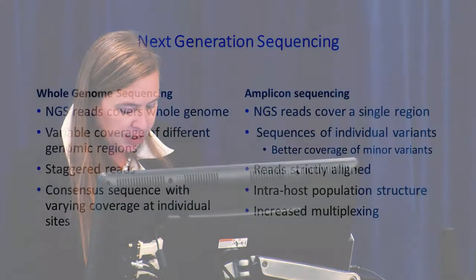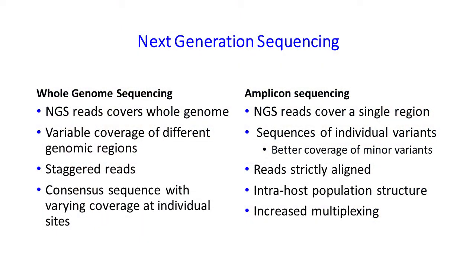The coverage of the genome is variable depending on the ability of the primers to bind to the genomic regions of the quasi-species or variants. This leads to staggered reads across the genome, where some genetic regions may have 100 to 1,000-fold coverage, while other regions may only have 2 to 4-fold coverage. What we end up with is a consensus sequence covering the entire genome.